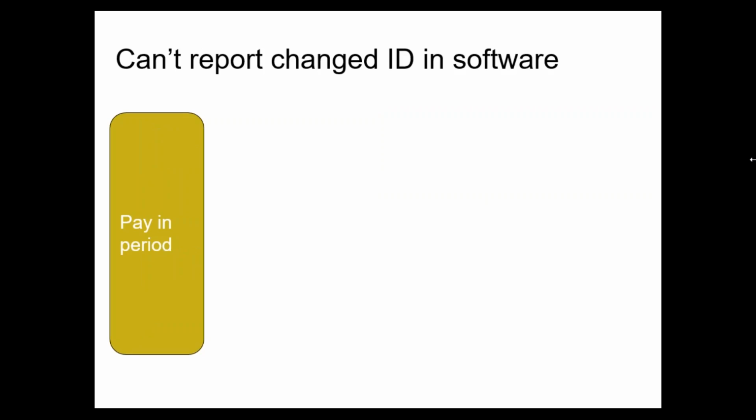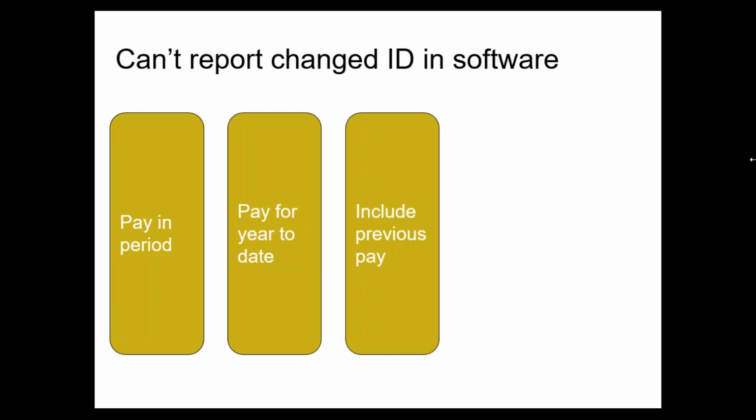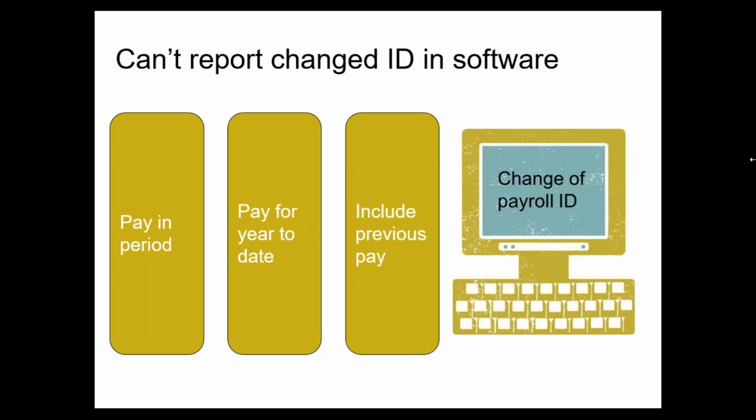What you would do in these circumstances is make sure that the pay in the period and the year-to-date pay information is correct. So the year-to-date pay figure should include previous pay in the year under the old ID to show this is a continuing employment. HMRC systems will pick up the fact that there's been a change of payroll ID.